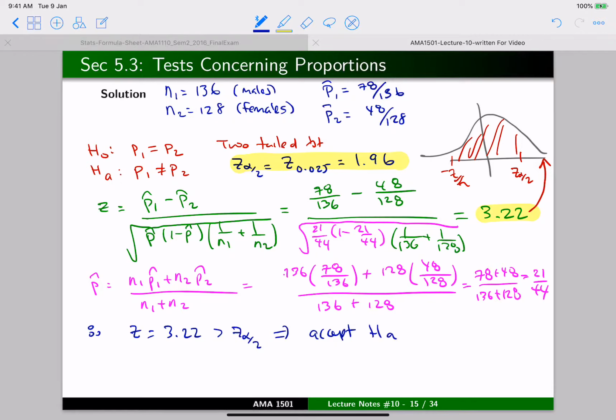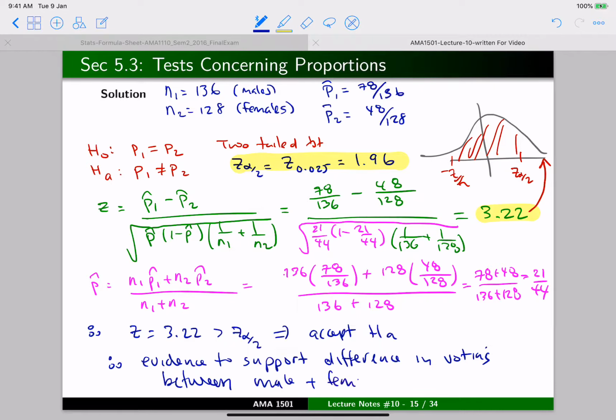So there is sufficient evidence to support that there is a difference in voting patterns between male and female voters.